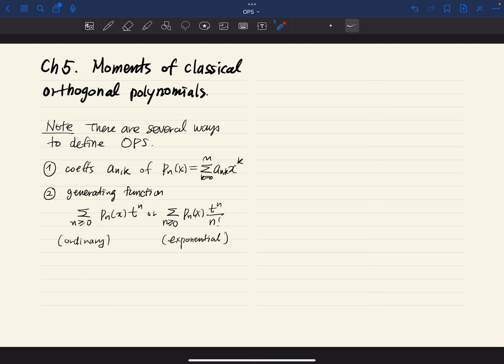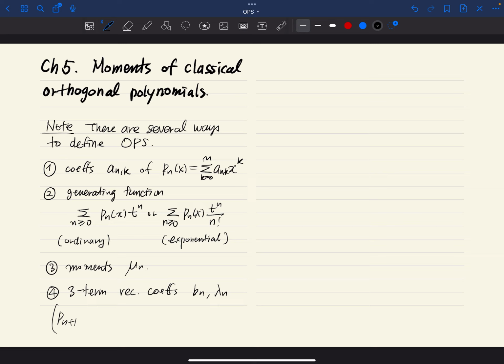There is also a way to define polynomials using moments. The moments completely determine the linear functional, and once you know the linear functional, we know the orthogonal polynomials. It's also possible to define polynomials using the three-term recurrence coefficients, which we often denote by b_n and lambda_n.